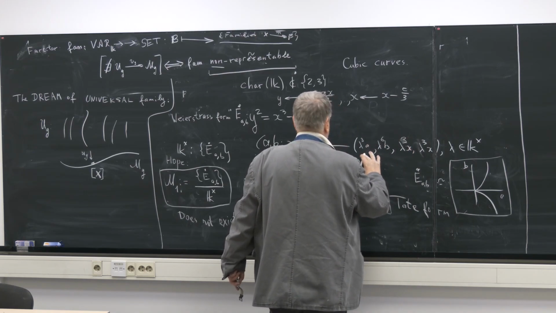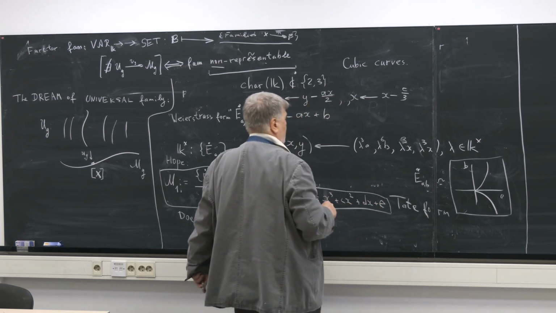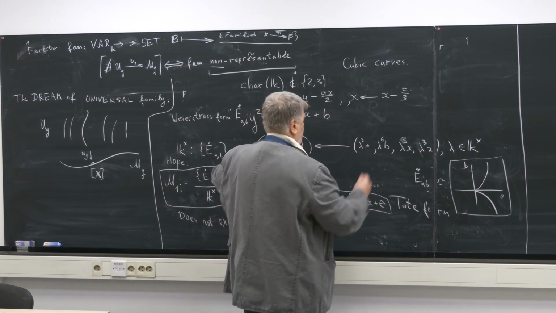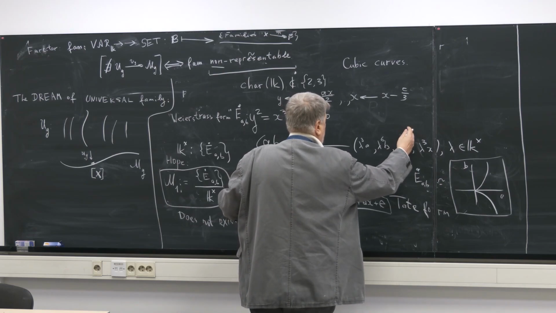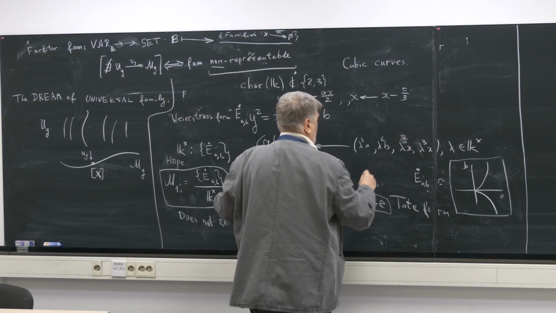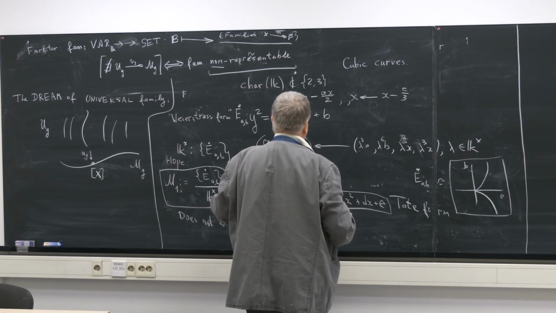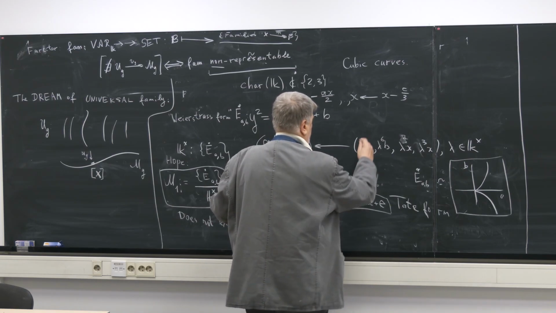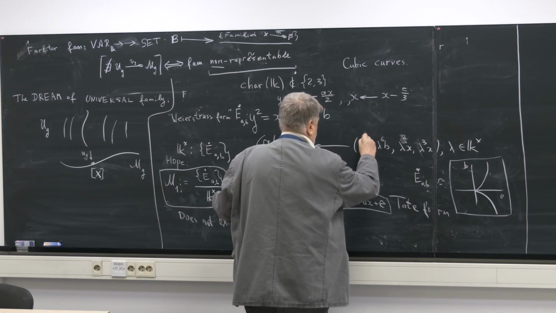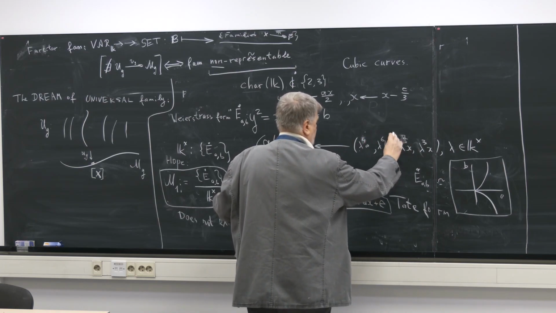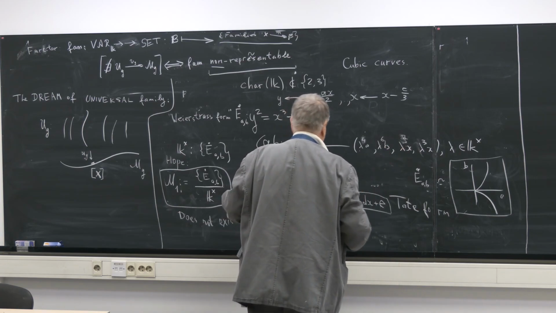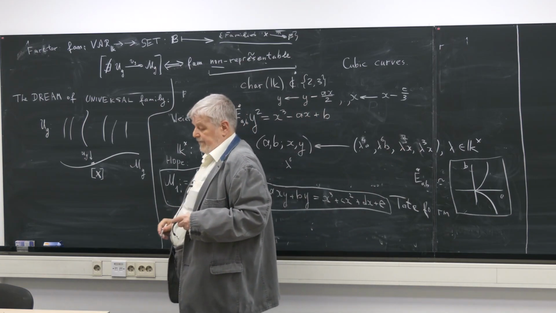Then, no, this is also correct. I'm not sure about a and b. Maybe lambda to the fourth, yeah, here we have a fourth power, so that we acquire lambda to the sixth.